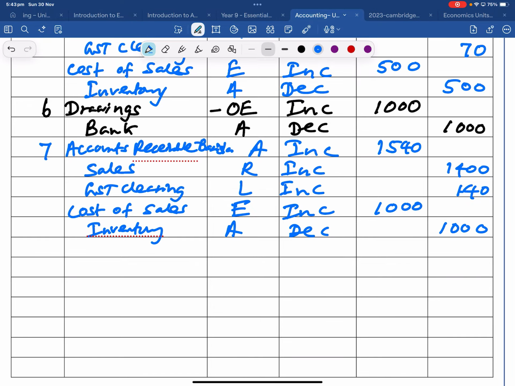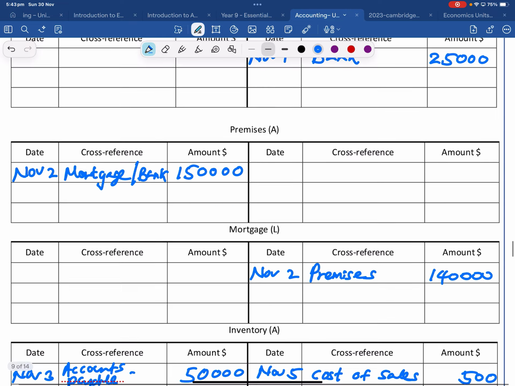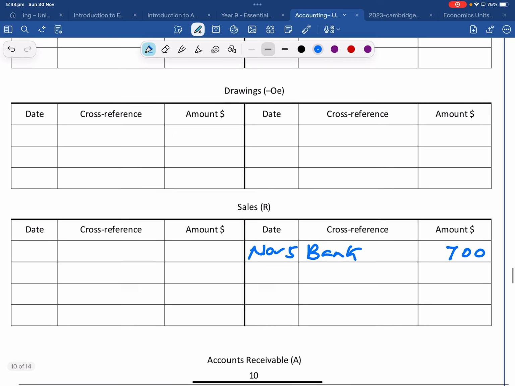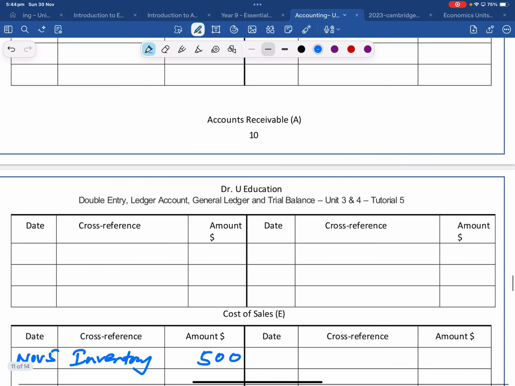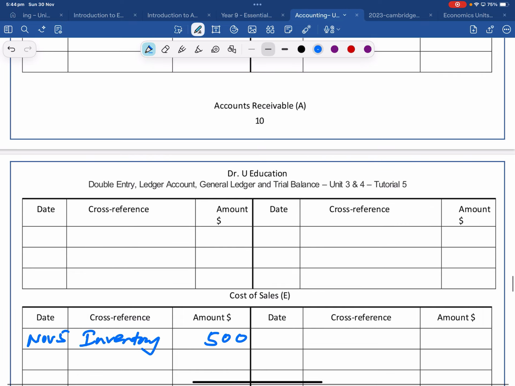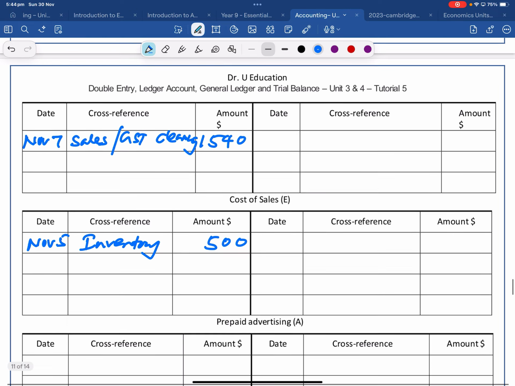Okay, then accounts receivable. Yeah, accounts receivable, sorry guys, there is a printing problem. What is the name? Accounts receivable. No name given, so you don't have to worry about it. So November 7th, 1540, saying what? Sales / GST clearing. Good.